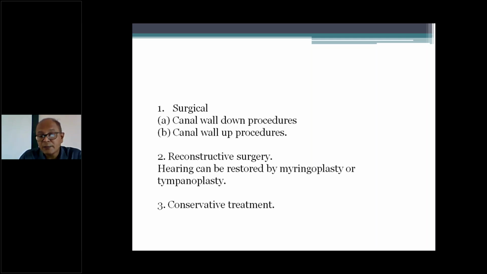The hydroxyapatite and bone pate are alloplastic material, whereas the bone dust of the patient can be collected during the surgery, and that can be kept into the mastoid cavity once you remove the disease and smoothen the cavity.